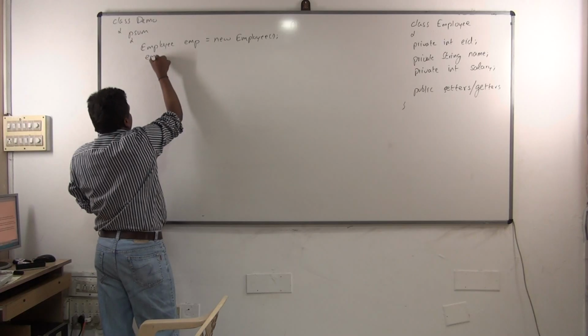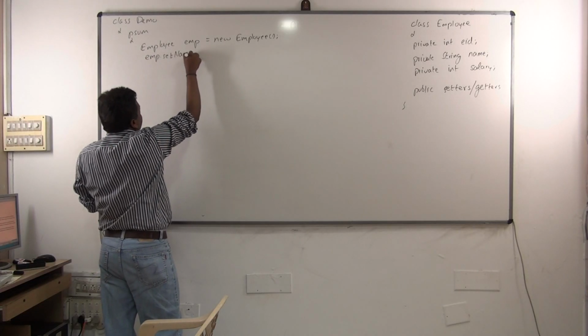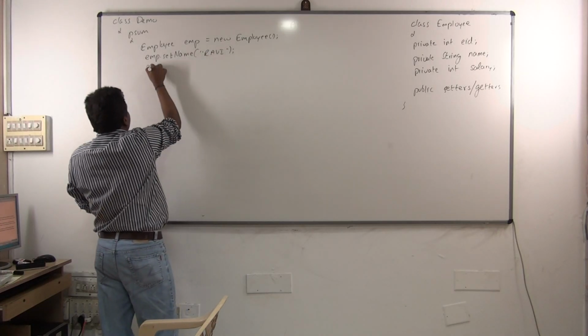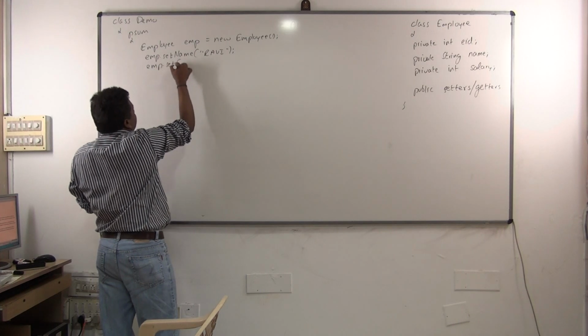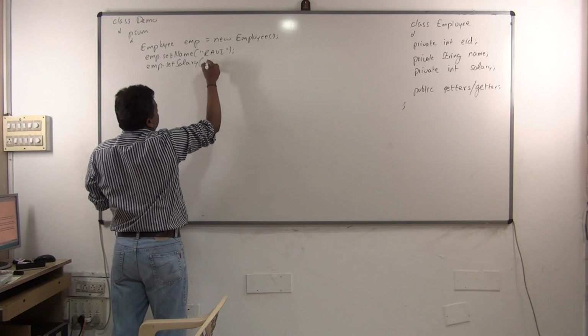And I'll set the two values which I want to store into the database. setName, I'll give the value Ravi, and the other value I will give is setSalary, that is 1000 rupees.